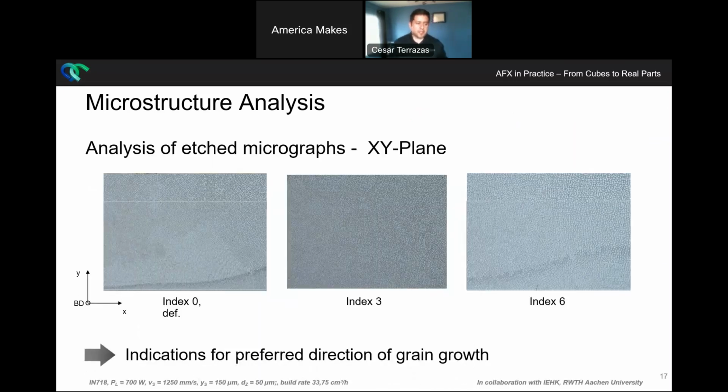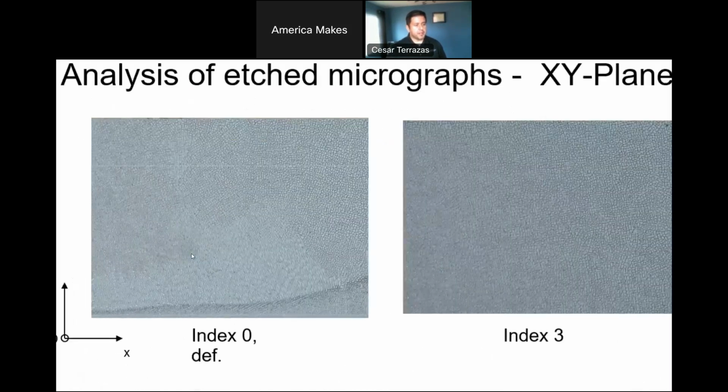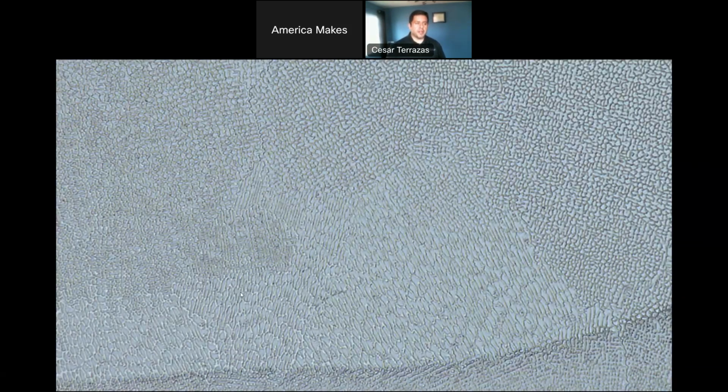So when the team started looking at the edge micrographs in the XY plane for some of these components, that's when they realized maybe the first clue as to what was providing this kind of behavior. And if you look at this, for instance, this microstructure that developed right here, you see that the grains have some directionality to them, right?